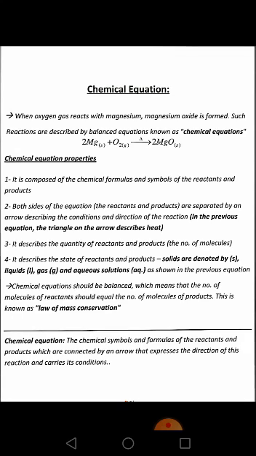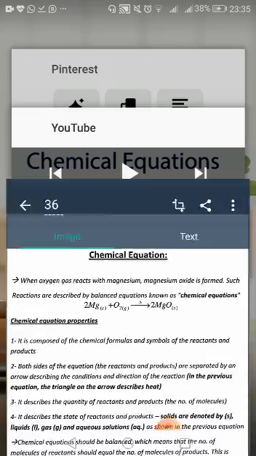While the precipitation equation means the formation of an insoluble salt, a water-insoluble salt, due to the reaction of two solutions. We will see more details on how to write the net ionic equation for precipitation in this video.